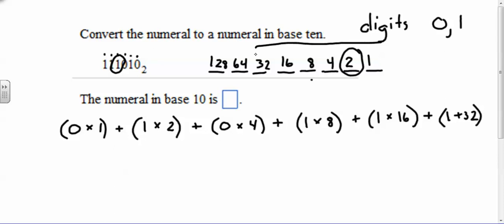So in our problem, it looks like we only had that many digits, 1, 2, 3, 4, 5, 6. So we didn't need these larger place values because there were no digits out there.